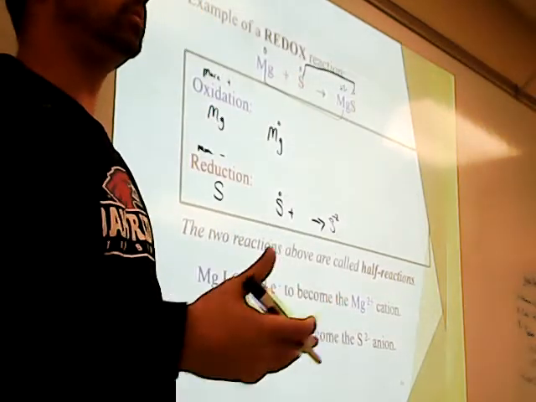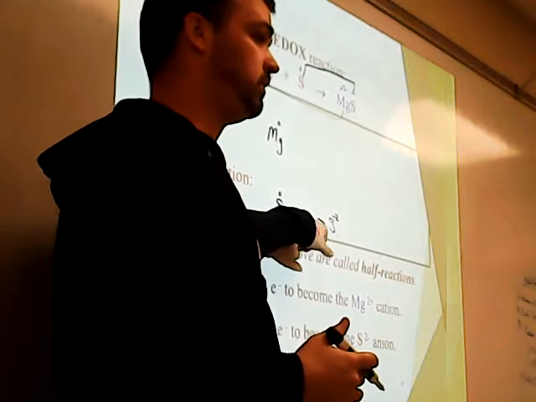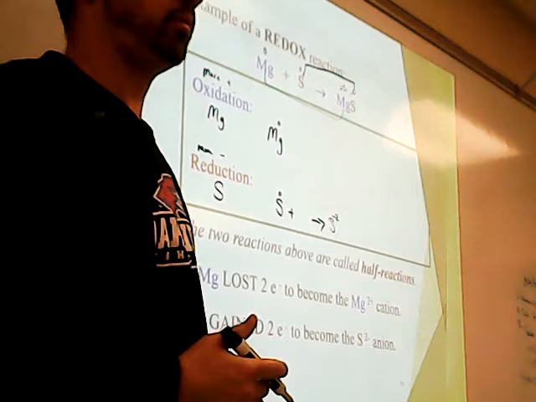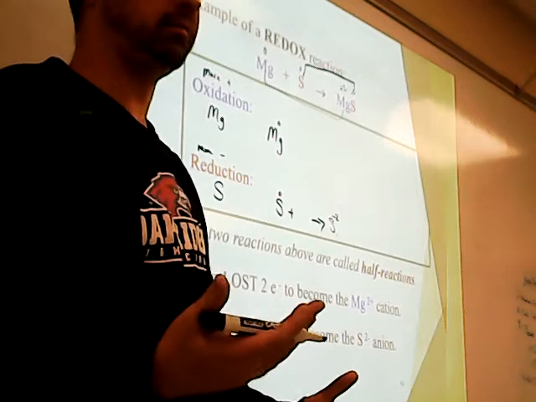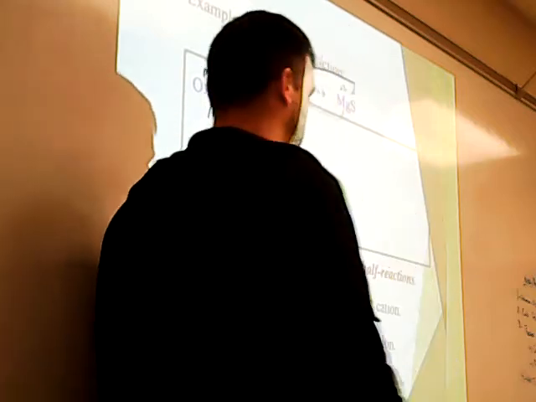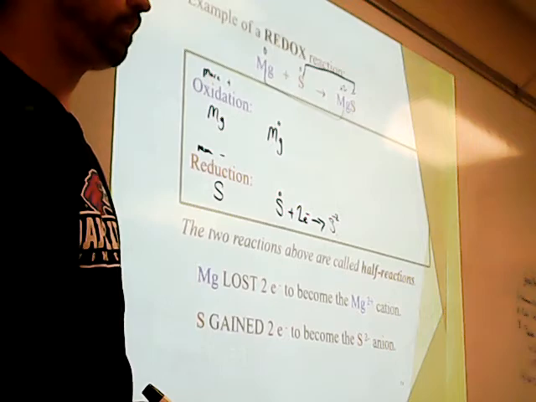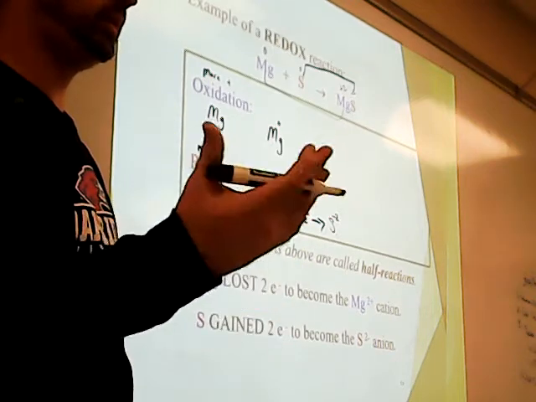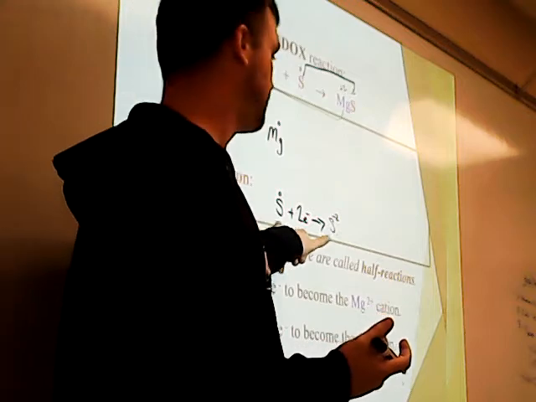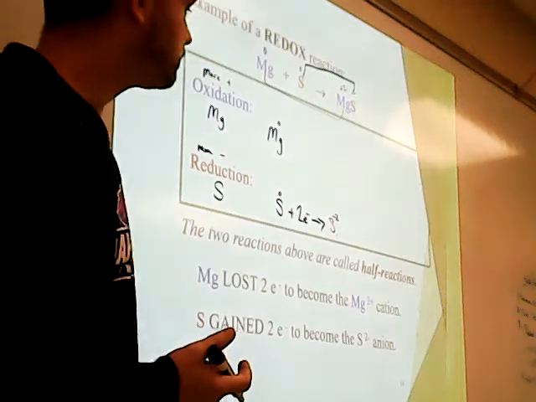We need to balance using electrons. So what do I need to add to give me sulfur -2? 2 electrons, right? 2 negative things. Those negative things are electrons, so 2 electrons. See how we balanced it? To balance sulfur with no charge and sulfur with -2 charge, I need to add 2 electrons.